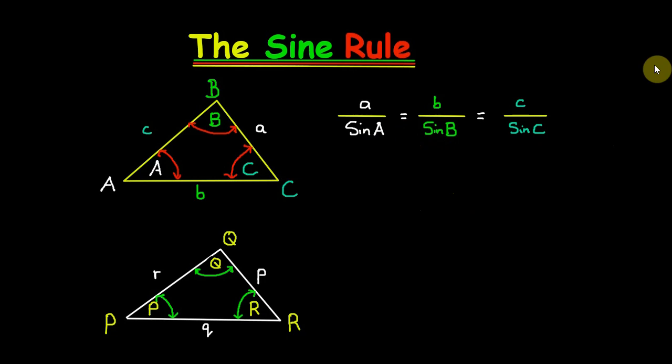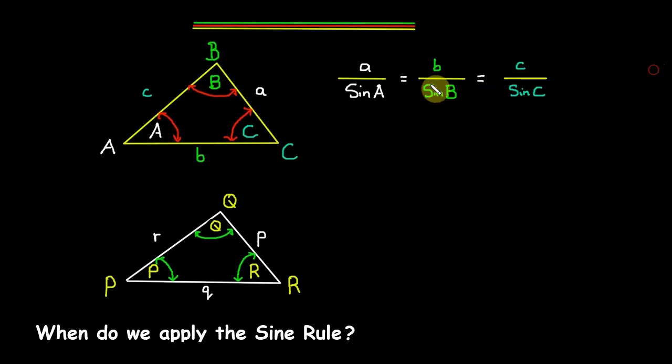Suppose we have another triangle. Instead of ABC, we have PQR. Now, side P, the ratio of side P to the sine of its opposite angle, capital P, or uppercase P. And this is what we write.